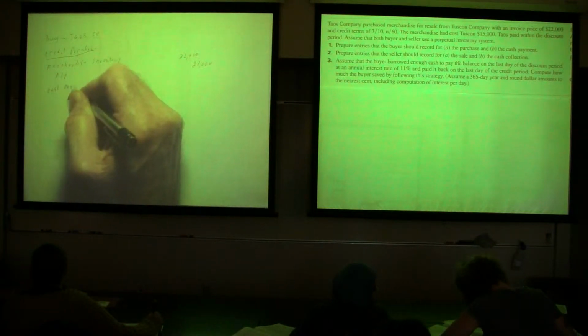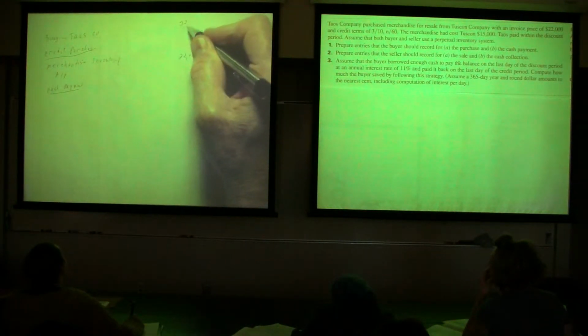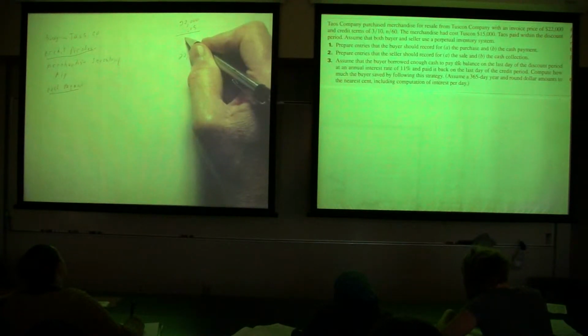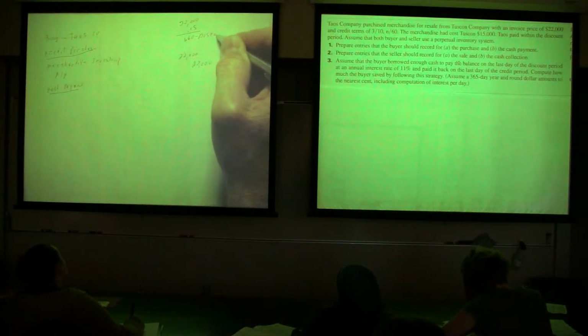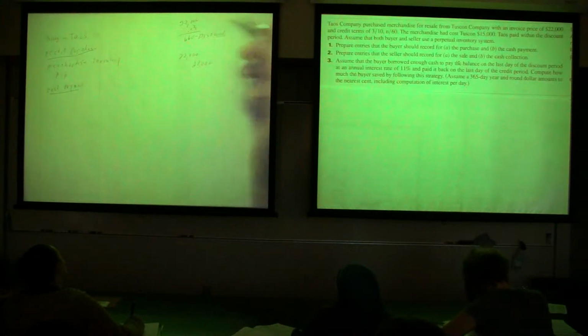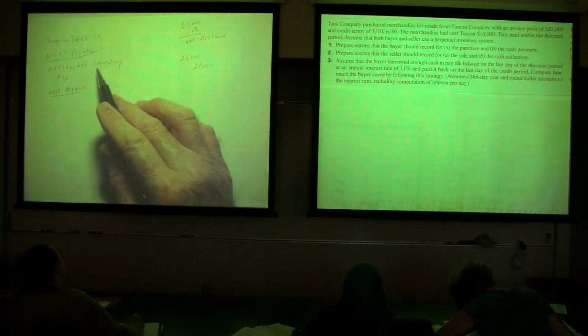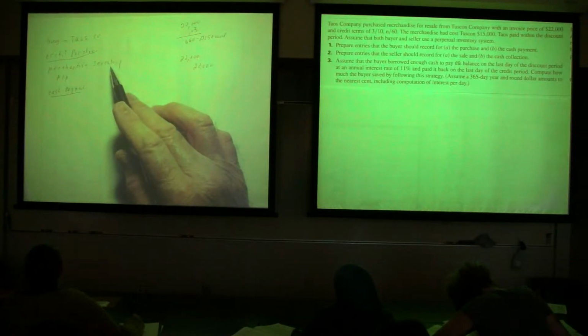Then we're going to do a cash payment. So we have 22,000, and they pay within the discount period. That means they get a discount of $660. So this is the discount. Now don't forget, under the perpetual system, we're going to credit the inventory account because every asset is listed at cost.